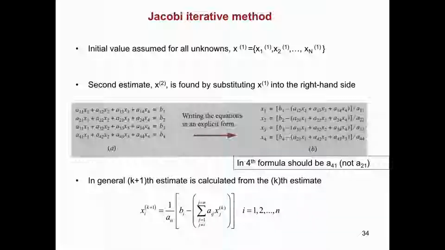I took all of the elements in the first equation other than the first, a11 x1. In the second equation, I excluded x2, which is my i. In the third one, for i equal to 3, I excluded x3, and so forth.